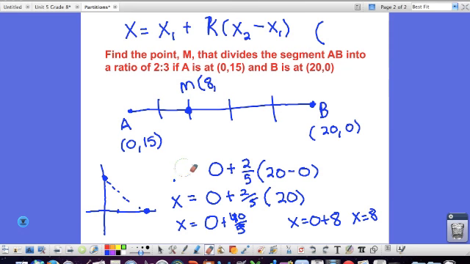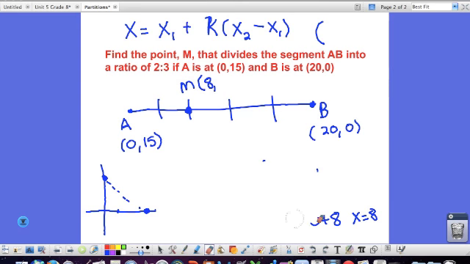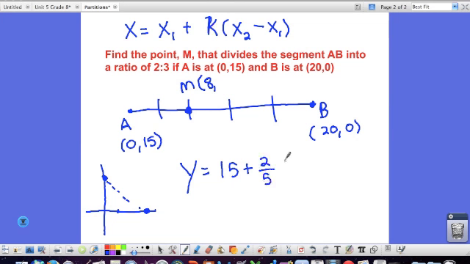Now we're going to use the same type of formula for our y value. The y coordinate of point M is equal to our y1, where we started, plus the ratio, the k value, which is 2/5 of the distance from 0 minus 15.